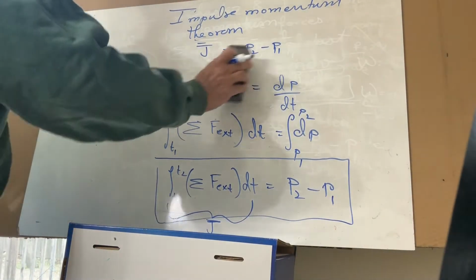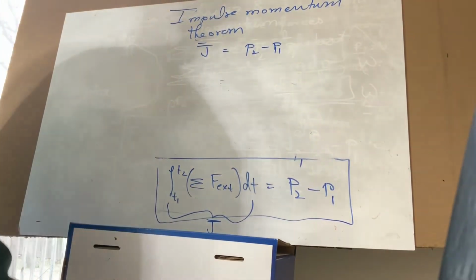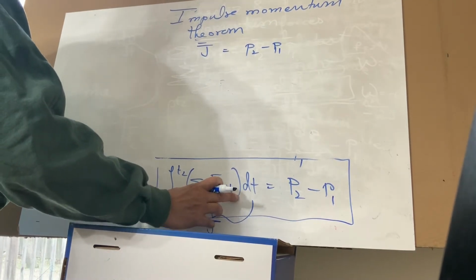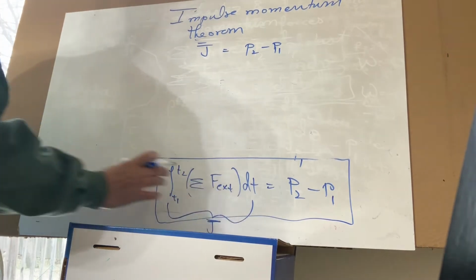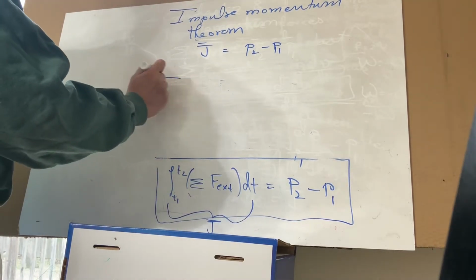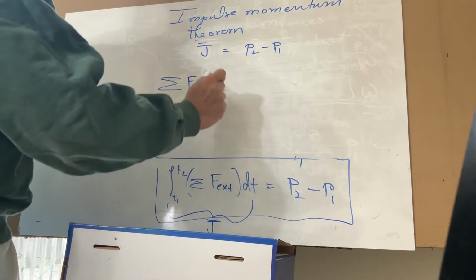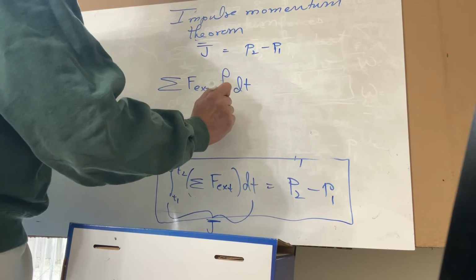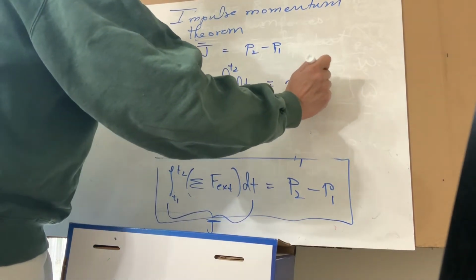So impulse changes the momentum. So let's look at situations. Now just remember, if this was a constant, you'll get the original. If this didn't change with time, I could remove it outside the bracket and then it will be the same thing: the external force, integral dt from t1 to t2, equals p2 minus p1.